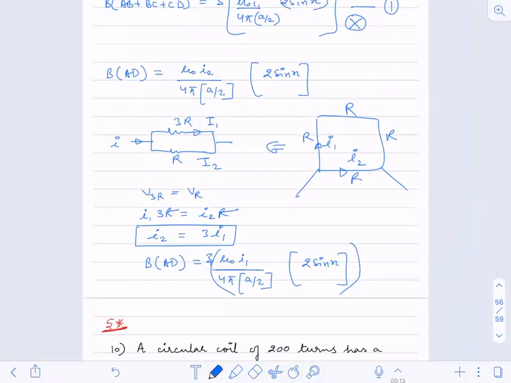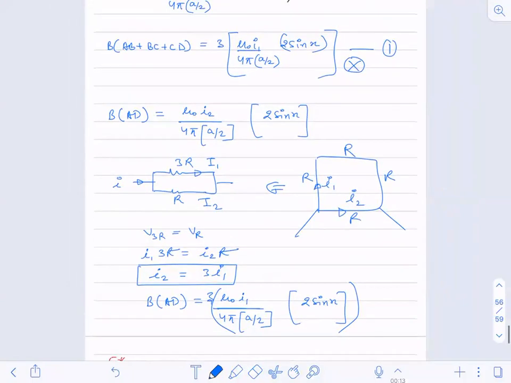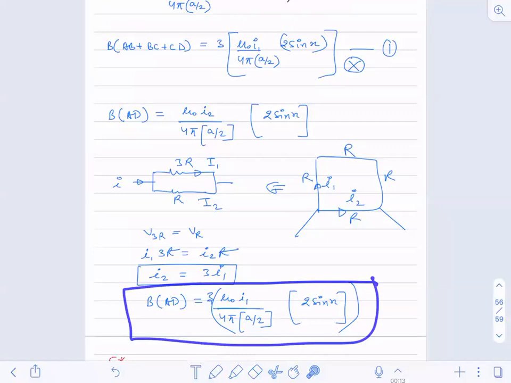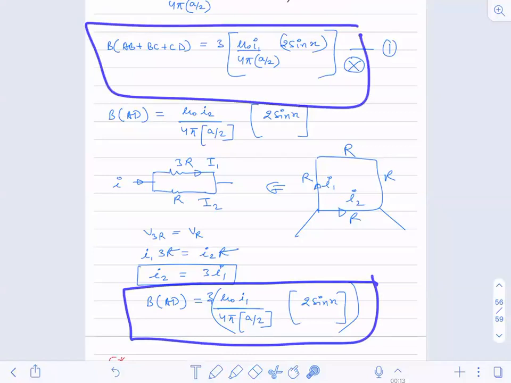Now can you see this equation, and this equation over here? Are they both exactly the same? Yes or no? They both are exactly the same.